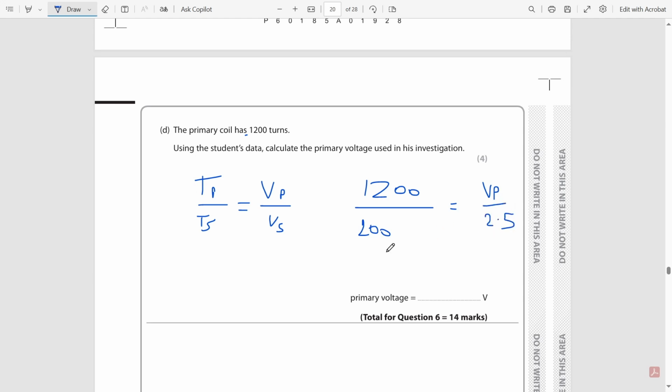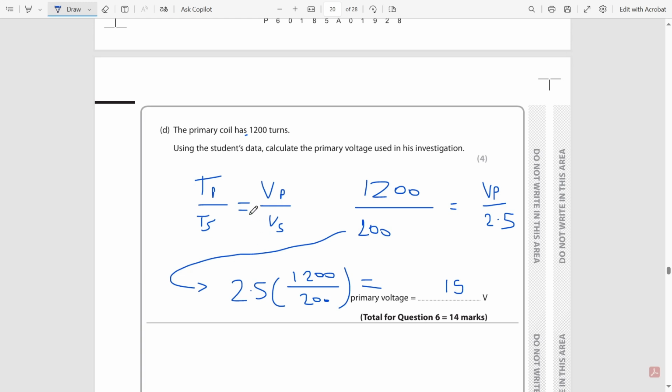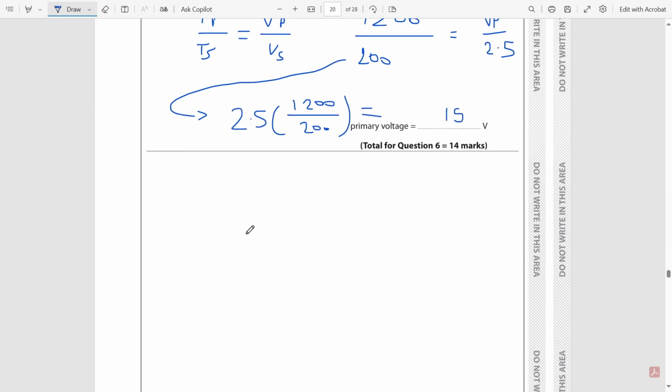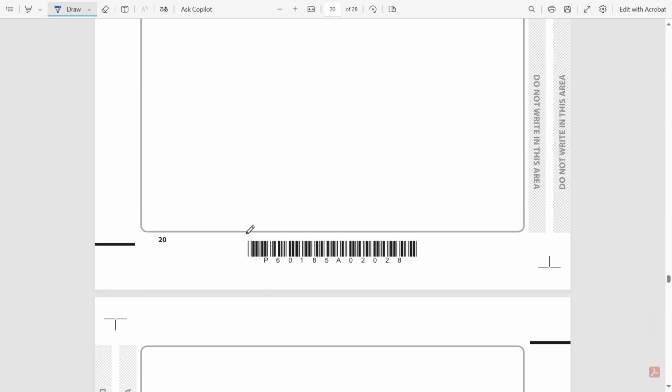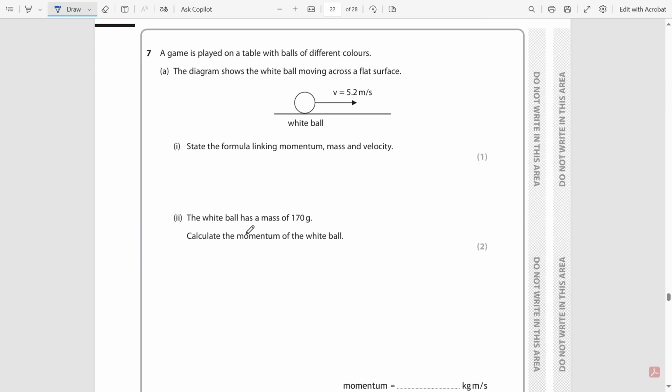What we're going to do is 2.5 times 1,200 over 200 will equal VP. VP will equal 15. Primary voltage equals 15. That is nice. Okay, nice. Almost there, guys. I think this is the penultimate question.